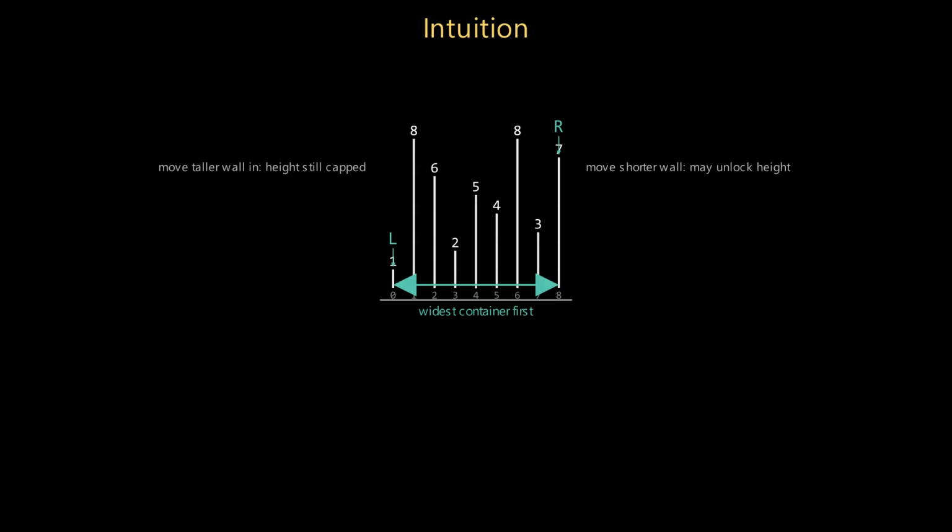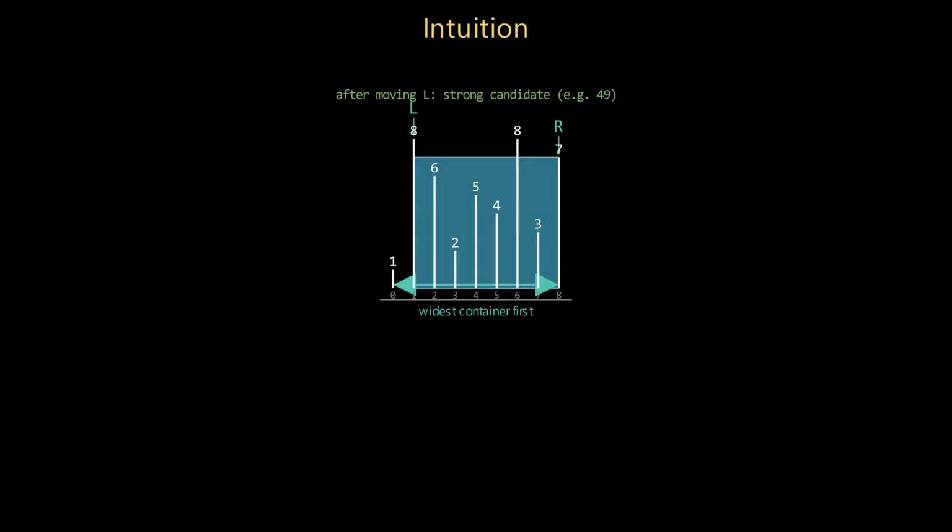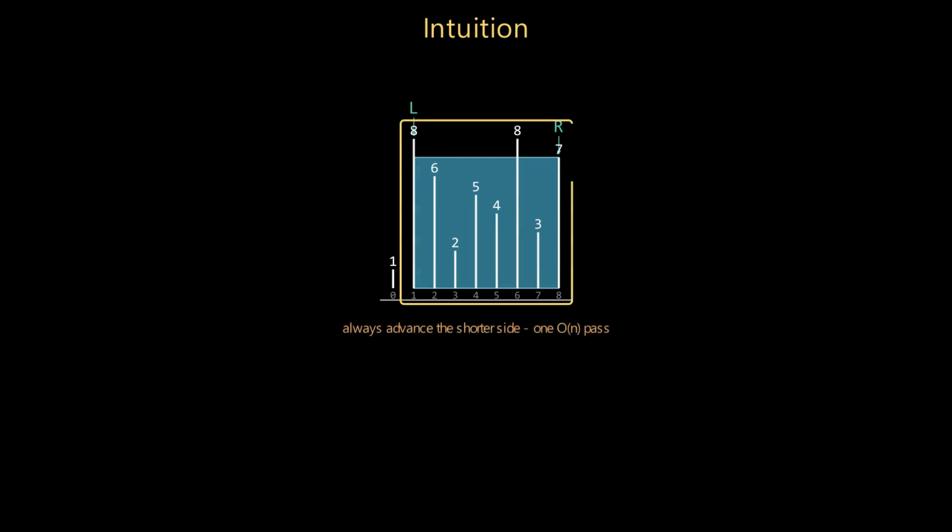But if we move the shorter line, we might find a much taller wall that makes up for the lost width. So our strategy is simple: always move the pointer on the shorter line. We keep shrinking the window and hunting for higher peaks, until the pointers meet. By always moving the shorter line, we only spend time on containers that can still beat our record. We find the best container in a single linear pass.